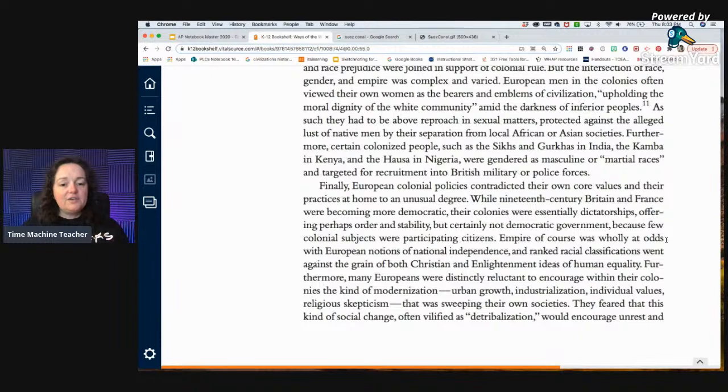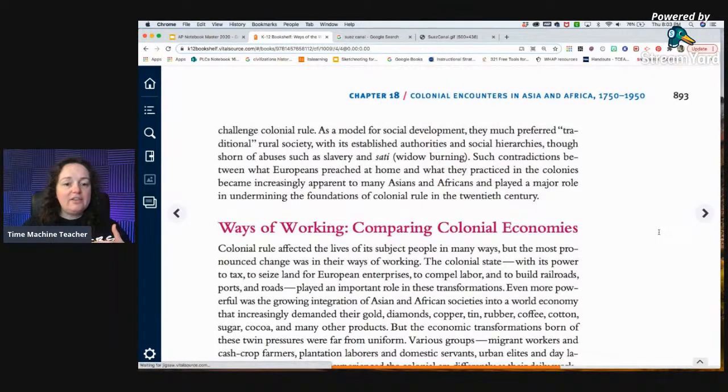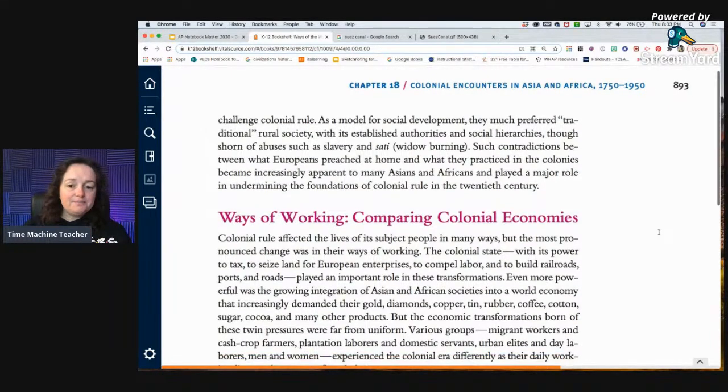They feared that this kind of social change, often vilified as detribalization, would encourage unrest and challenge colonial rule. So they were afraid that these modern ideas would come up, that it would challenge their rule, which is probably correct.